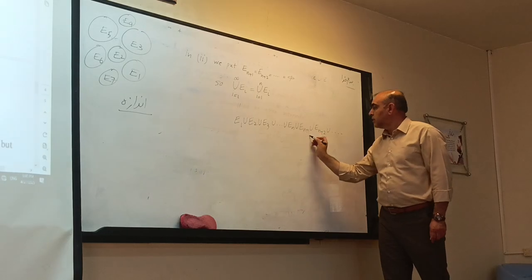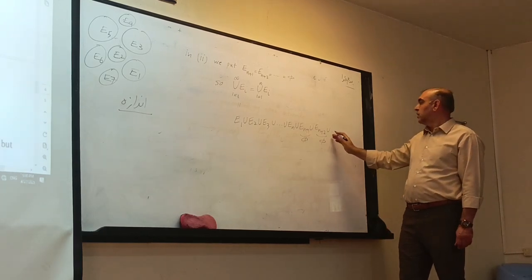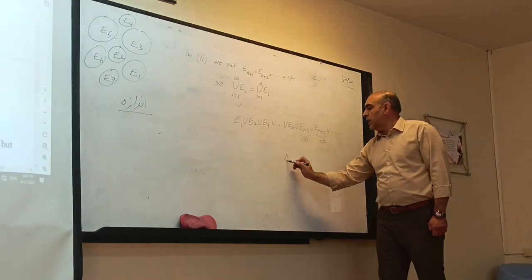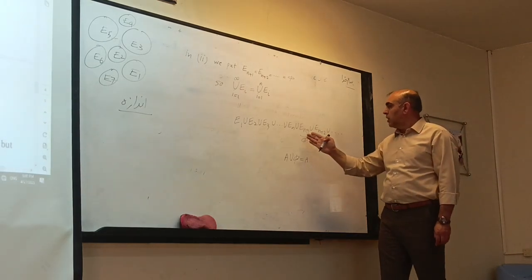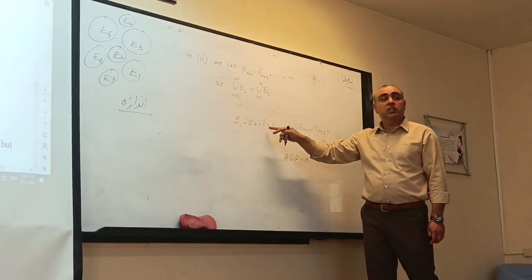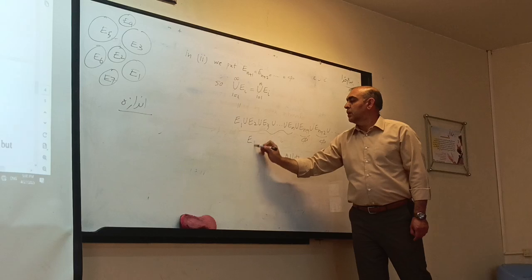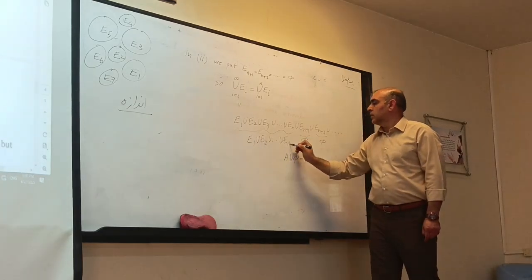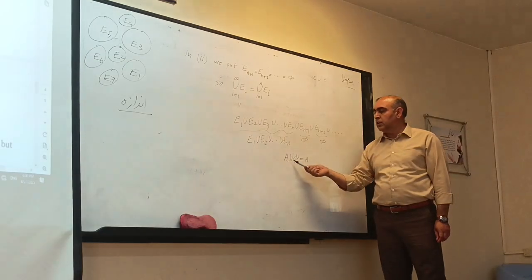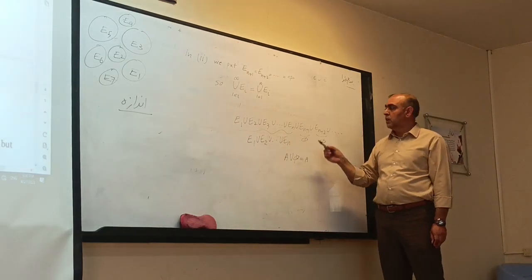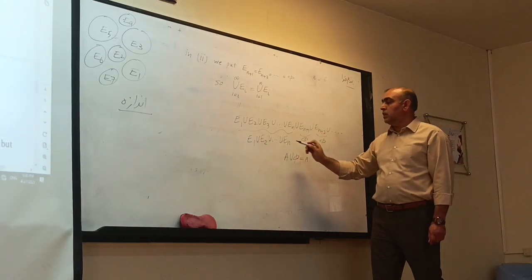A union phi is equal to A. So E1 union E2 union ... union En union phi is equal to E1 union E2 union En.